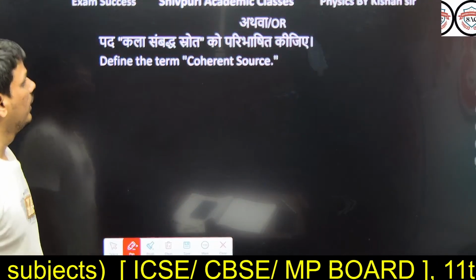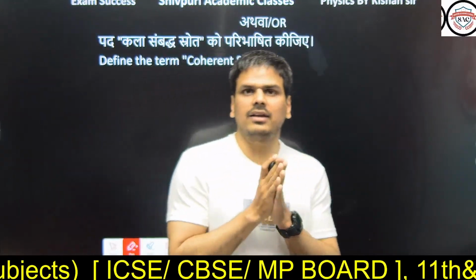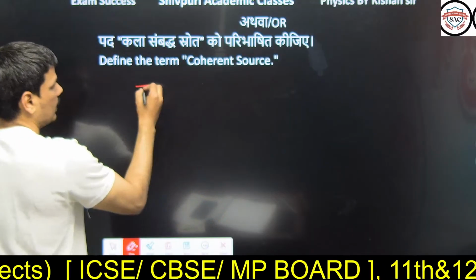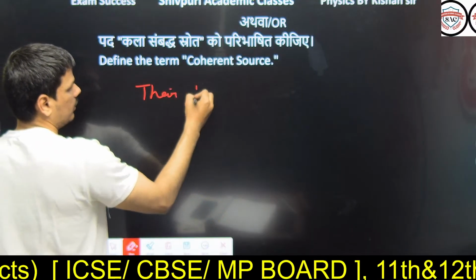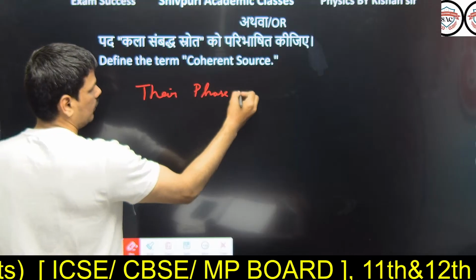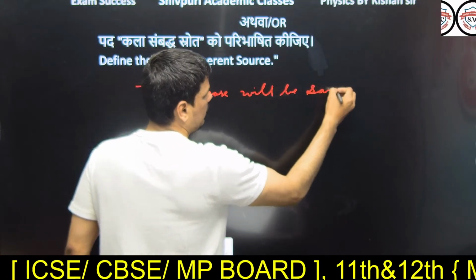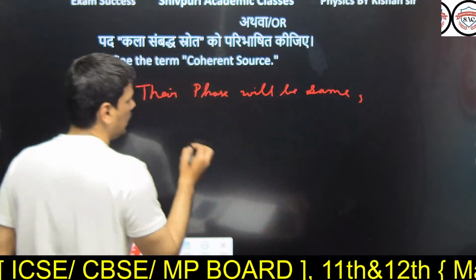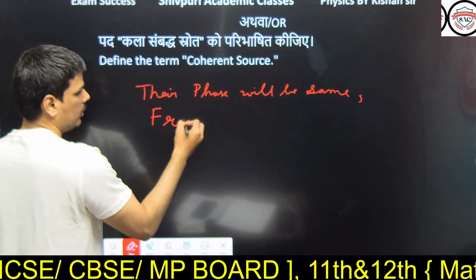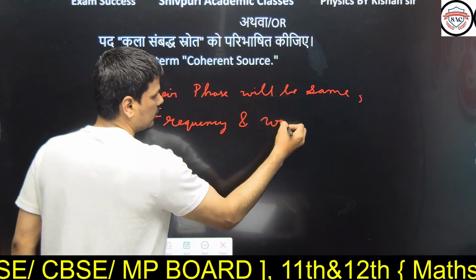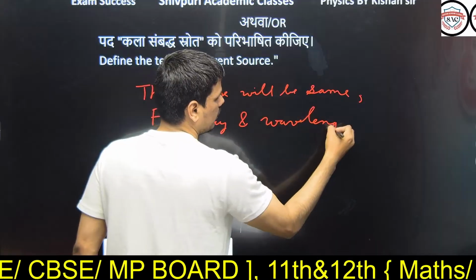Okay, define the term coherent source. Coherent sources are those whose phase will be the same, which means there is no phase difference between them, their frequency will be the same and their wavelength will be the same.